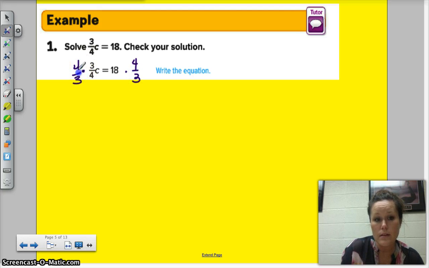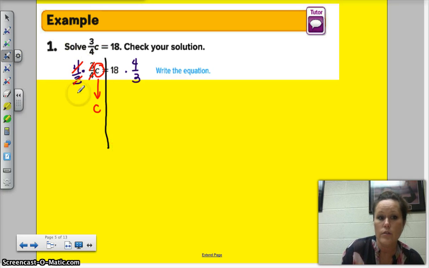What happens is these 4's diagonally cancel out, and these 3's diagonally cancel out, and I'm left with just c. And I'm going to bring it down. Sometimes it's helpful to draw a line through that equal sign all the way down so that you know whatever you do on one side, you do on the other side.